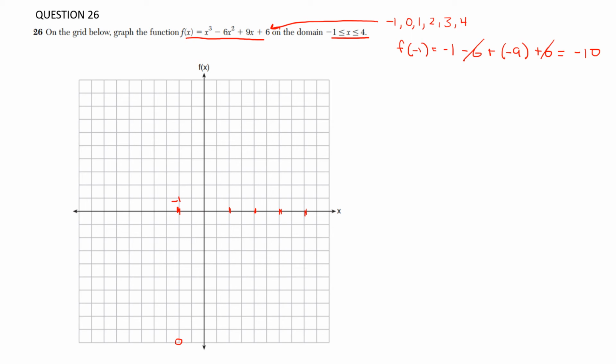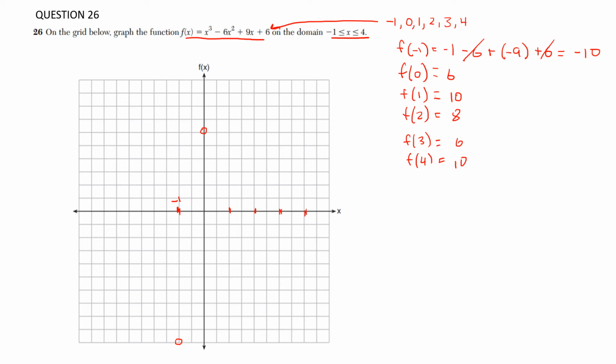So continuing on, let me just populate the rest. F of 0, f of 1, f of 2, f of 3, and f of 4. And this equals 6, this equals 10, 8, 6, and 10. So f of 0 is 6, 1, 2, 3, 4, 5, 6, right here.